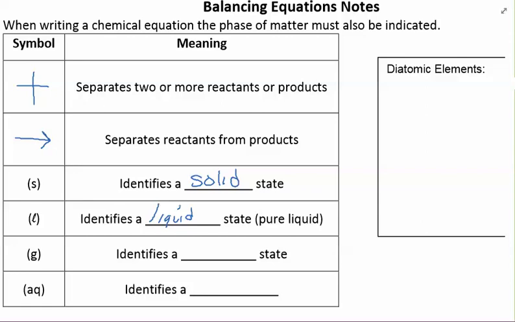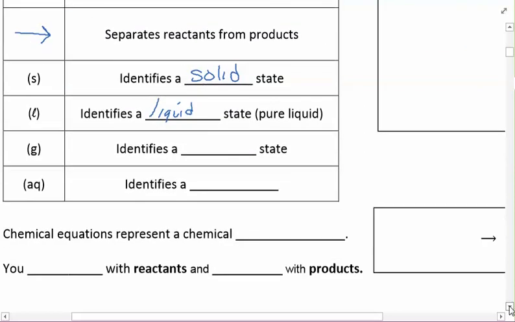It's just a pure liquid. So if you think of ethanol, or something that's a liquid all by itself, ethanol is a good example of that. G identifies the gaseous state. So those are kind of the ones that we've seen before.